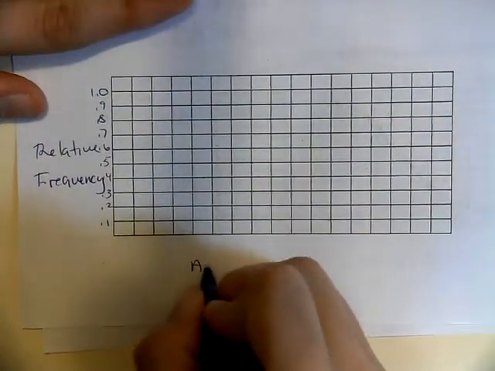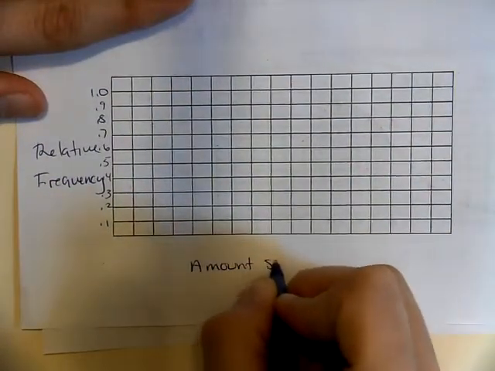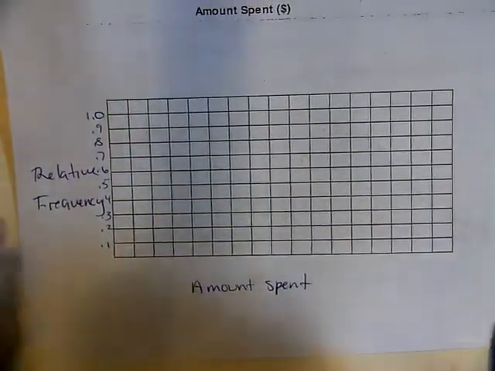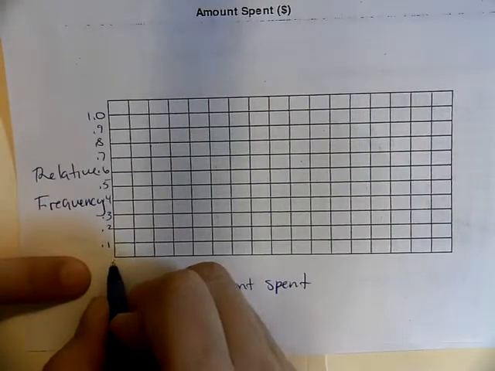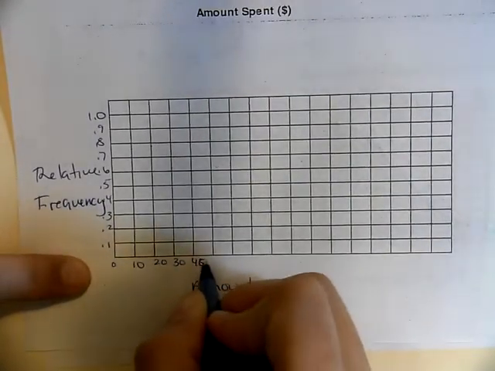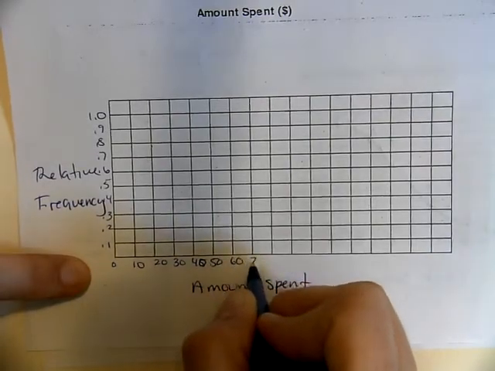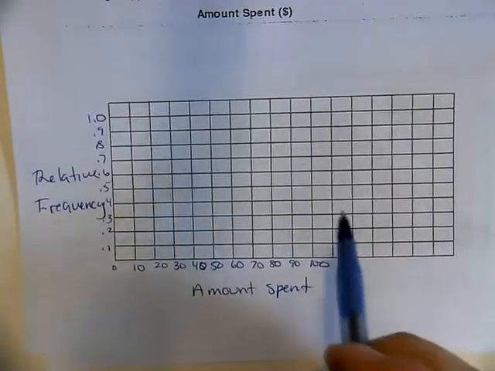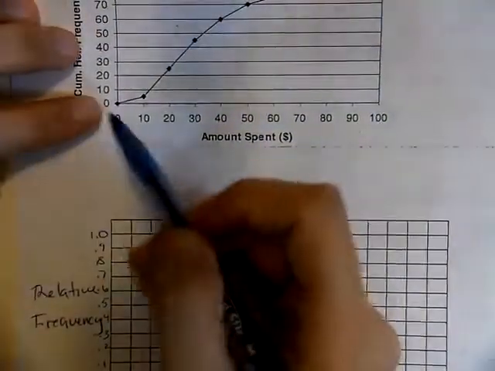And I'm going to have amount spent. I'm not going to rewrite the title. So from 0 to 10, 20, 30, 40, 50, 60, 70, 80, 90, 100. So all we're looking for is the gap. How much?